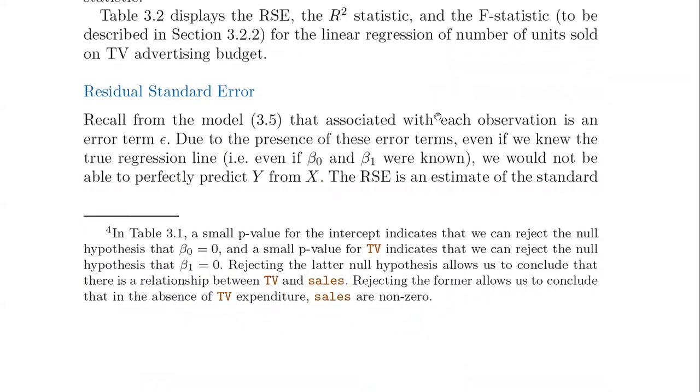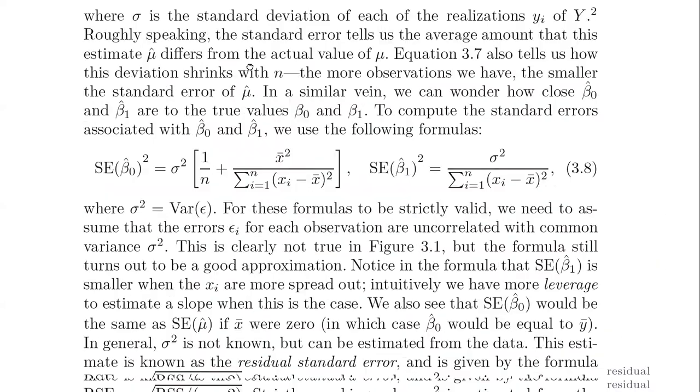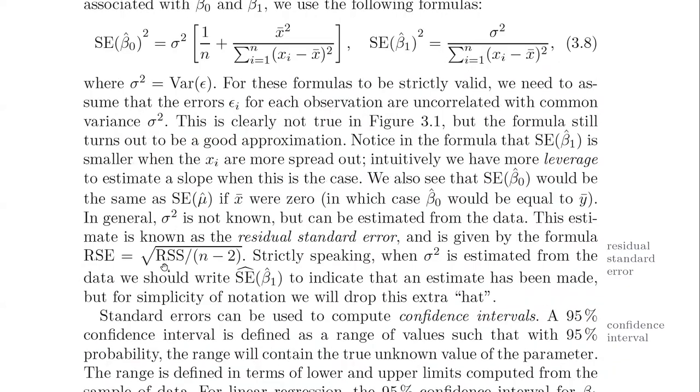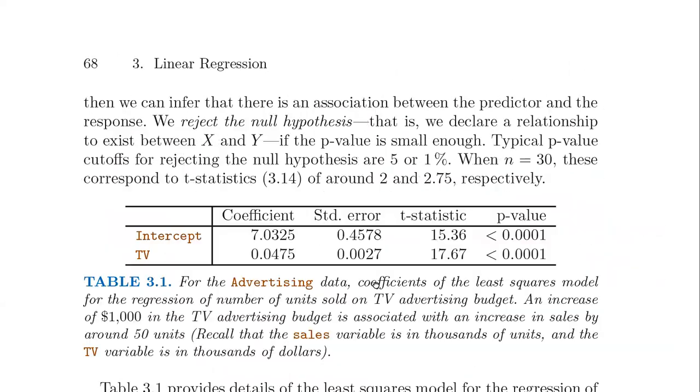So let's start with the residual standard error. The residual standard error is this, isn't it? It takes your residual sum of squares, divides by basically your number of observations minus 2, and square roots.